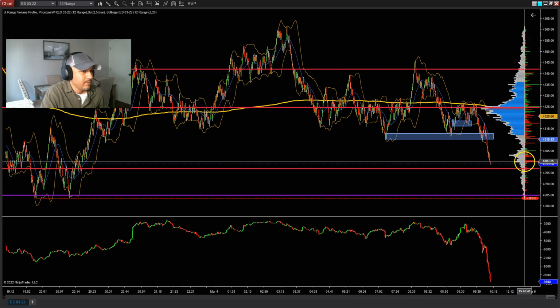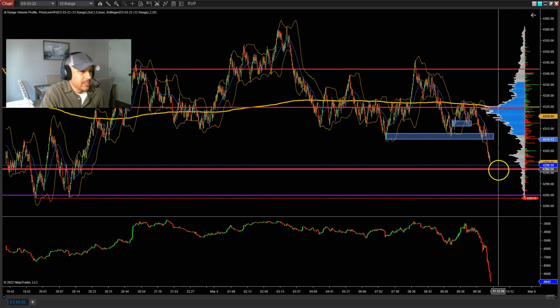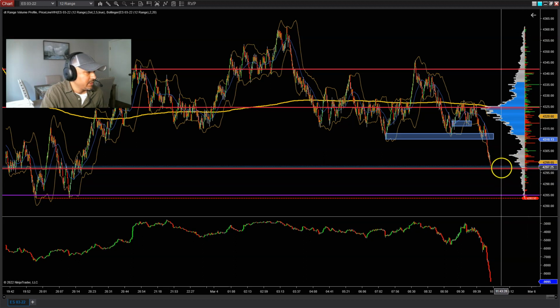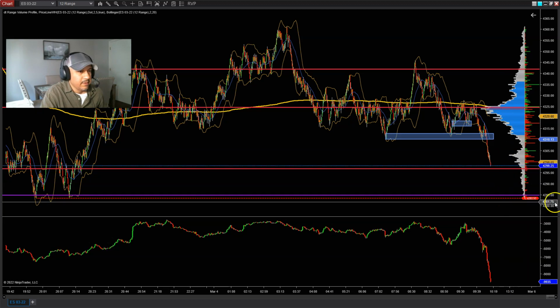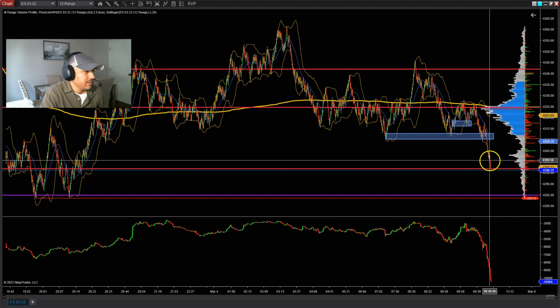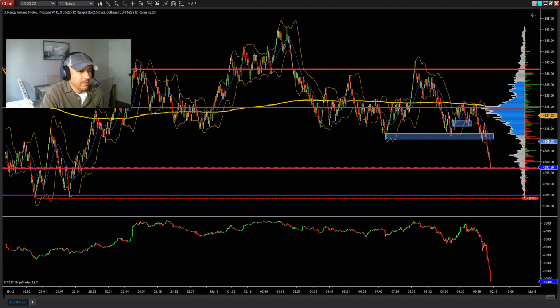Yep. Boom. Clears it. It's coming down here. It's possibly going to try to test this area here. It could bounce right where it's at. Man, that's crazy. Look at that.